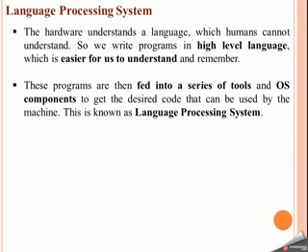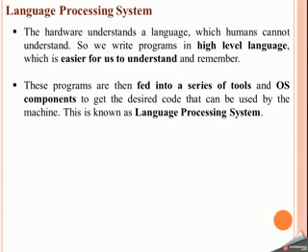But in order to translate it, the program that a computer programmer writes has to be fed into a series of tools and operating system components to get the desired output. And so the entire system that takes in the source code and comprises a series of tools and components in order to get the target or the desired code, that system is known as a language processing system.